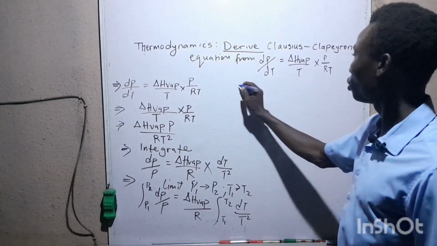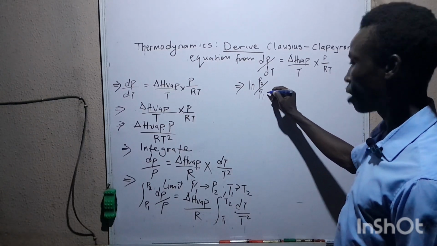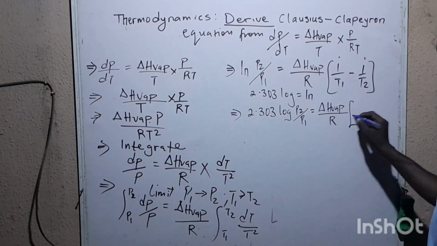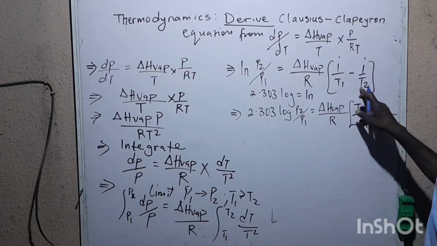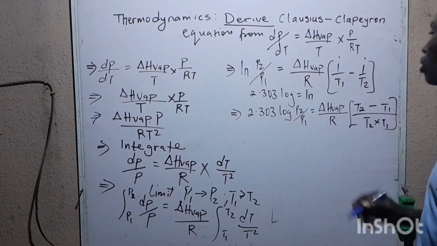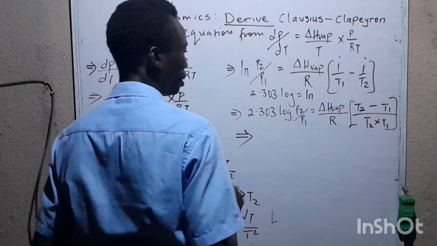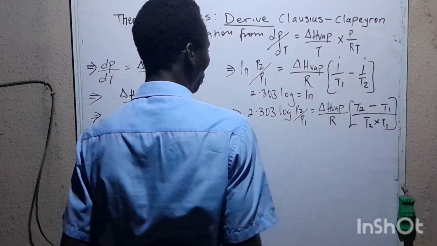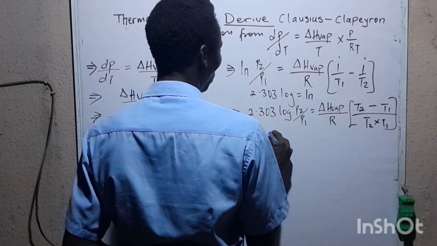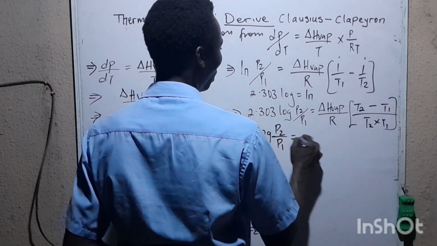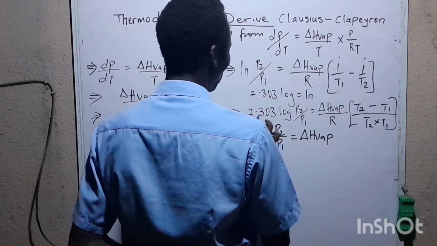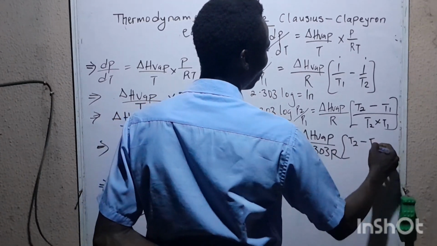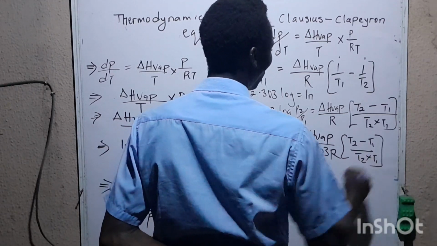We are going to have ln of P2 over P1 equals the heat of vaporization over R, times (1/T1 minus 1/T2), which is (T2 minus T1) over T2 T1. Then the 2.303, you bring it to where there is R. So you are going to have log P2 over P1 equals the change in heat of vaporization over 2.303 R, times (T2 minus T1) over (T2 times T1).